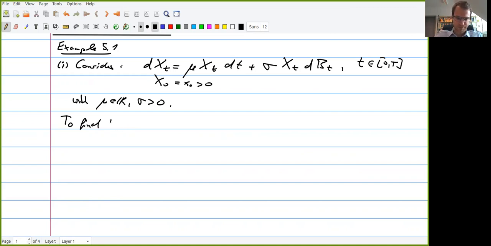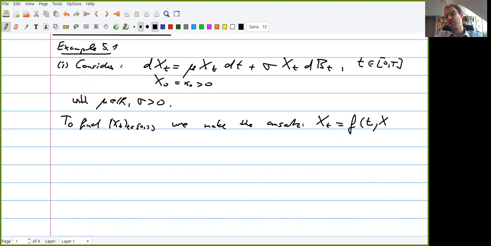So to find X_t, we make an ansatz so that X_t is given as a function f, a deterministic function depending on time and the Brownian motion. These are the input parameters. We hope that we are lucky in this simple situation that a solution is just given by a function depending on time and the Brownian motion.